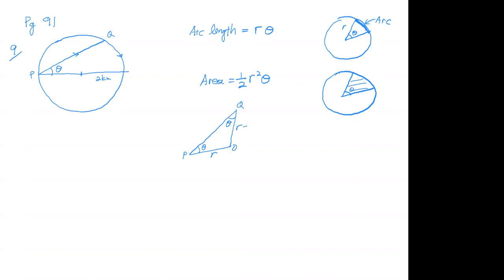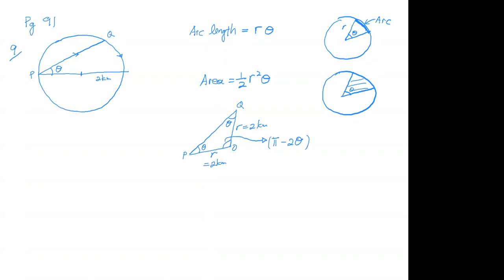Radius is 2 km. Okay, so what is this angle? Can you tell me what is this angle? Pi minus 2 theta, correct? Yeah. Okay.